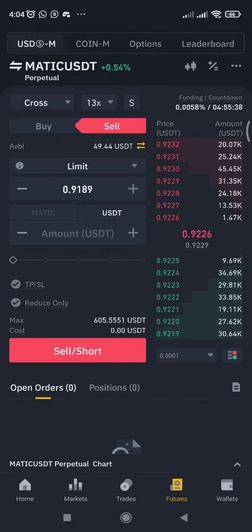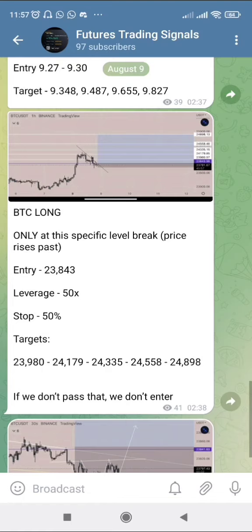enter our positions. All right. So let's head over to our signals room. Let's use this BTC signal, and it says BTC long. It means buy.